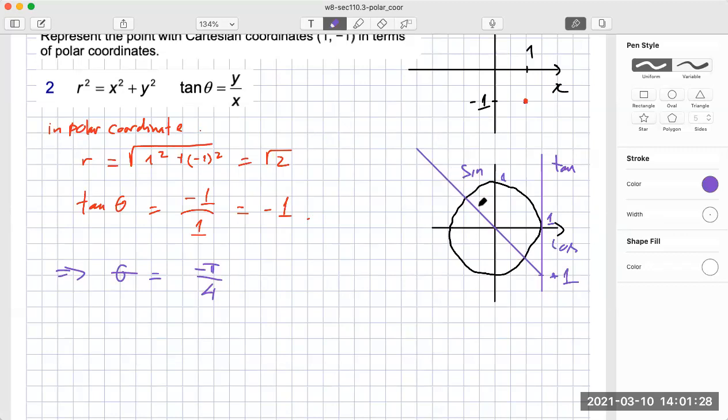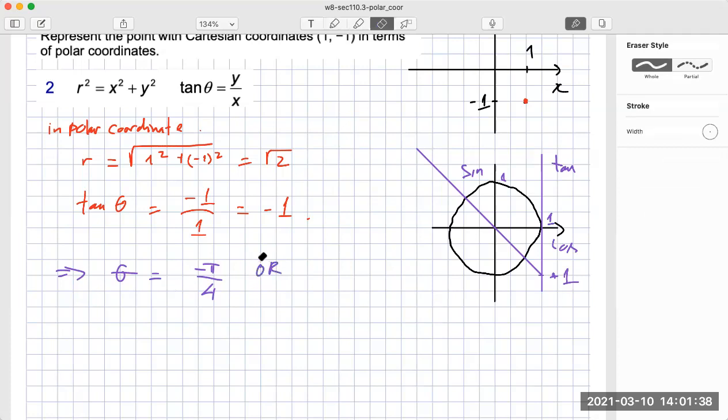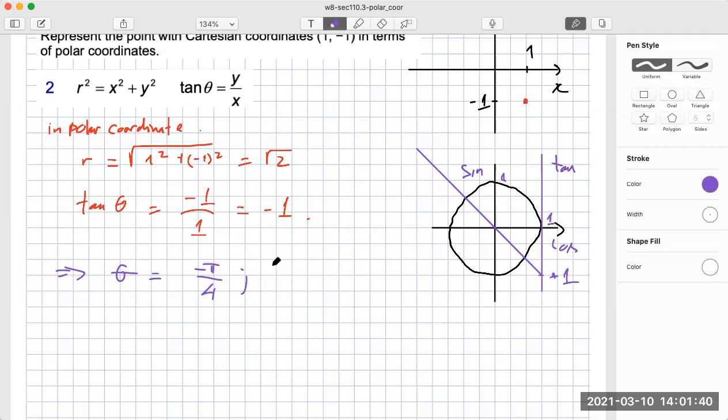Or it could also be, what is it here? The second will be 3 pi over 4. If we go one more half round here, it will be 7 pi over 4, right?